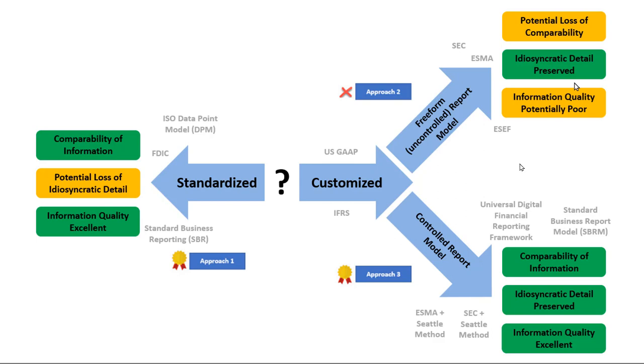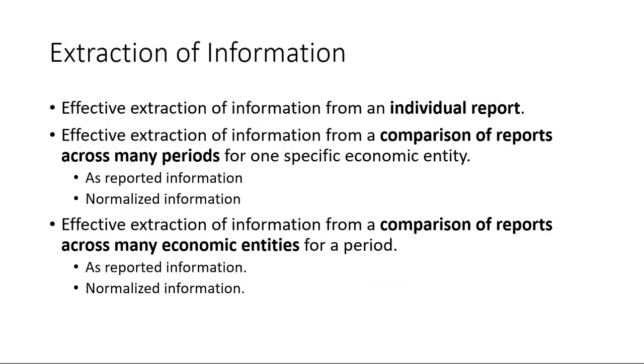Now, what I mean by that, I'm going to explain in a second here. But anyway, just realize that we're trying to extract customized information, not standardized information. And you can do it. There's another step that's involved, but it's not the way that most software engineers and financial analysts seem to think about it. So what do we want to extract? There are basically three categories of information.